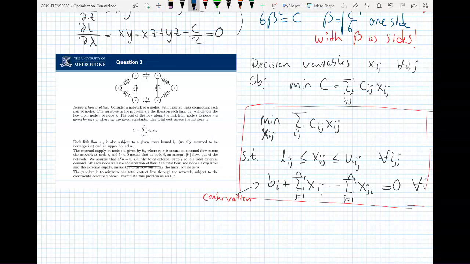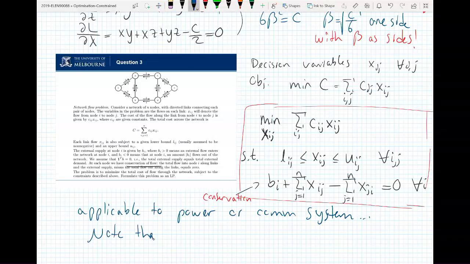The question here is, maybe I should make it applicable to power or comm systems. Maybe other things too. Those are the two things that come to my mind. Note that it's a linear program. It's a linear optimization problem.